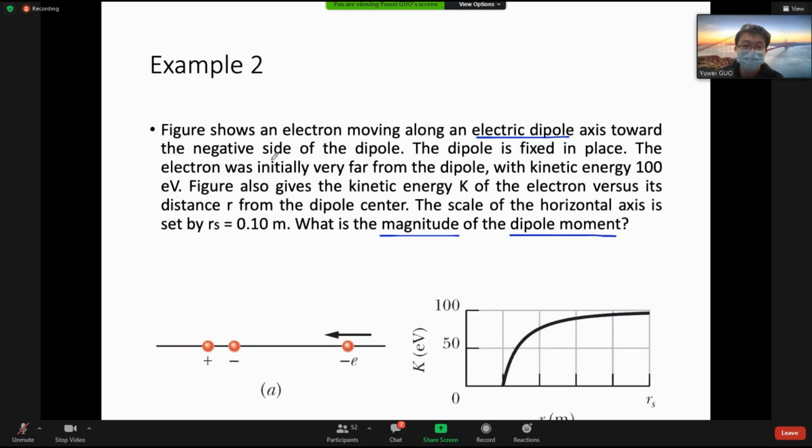You can look at this question. I'll give you about 1 or 2 minutes. If you have any questions about the last question or this one, you can type in the chat box. For Marcus, can you understand what I said?